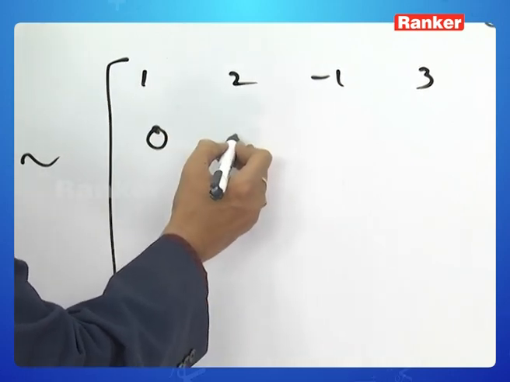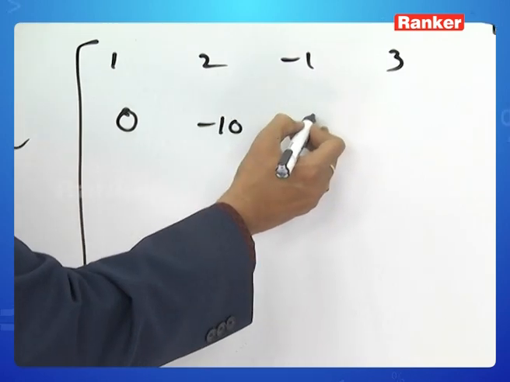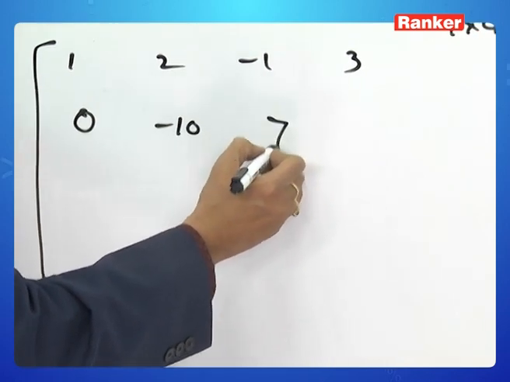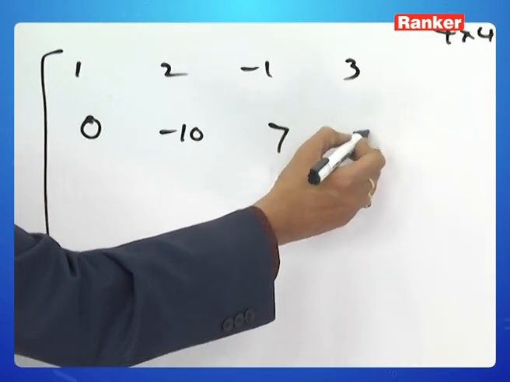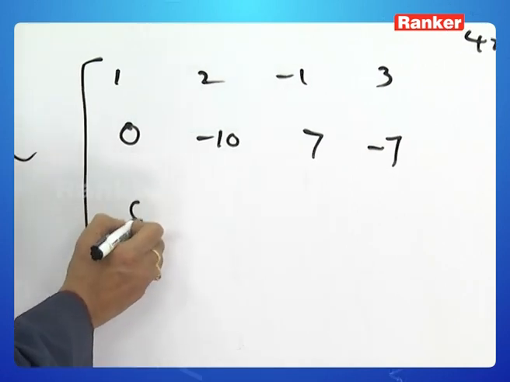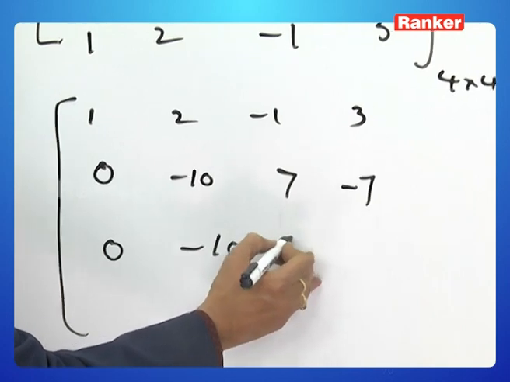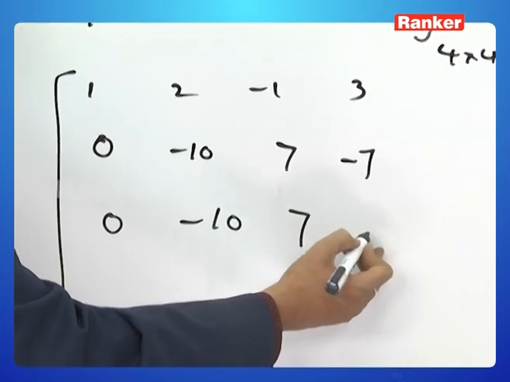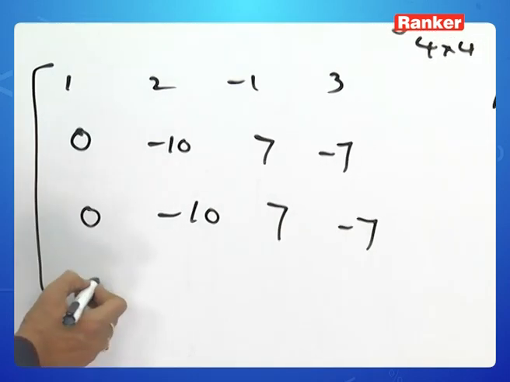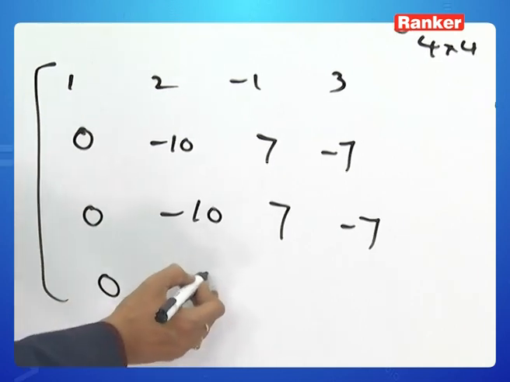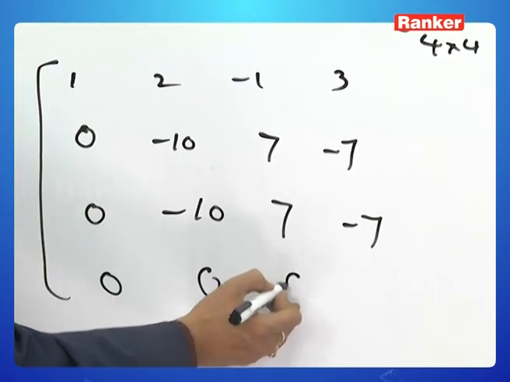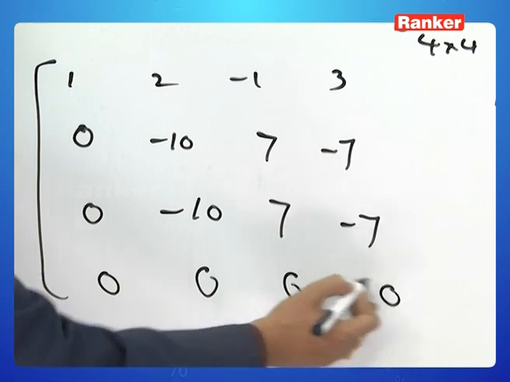Minus 2 minus 8, minus 10. 3 minus of minus 4, 7. 5 minus 12, minus 7. 5 minus 5, 0. 0 minus 10, minus 10. 2 minus of minus 5, 7. 8 minus 15, minus 7. 1 minus 1, 0. 2 minus 2, 0. Minus 1 minus of minus 1, 0. 3 minus 3, 0.